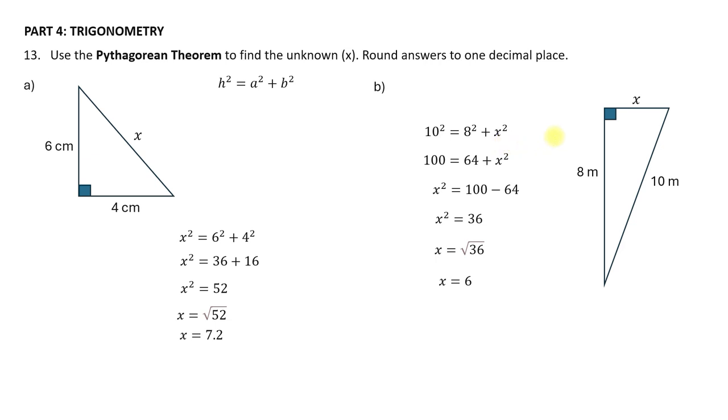We can flip that around and say x squared equals 100 minus 64. X squared equals 36. Therefore, x equals the square root of 36, which gives us a value of 6 for x. So this length right here is 6 meters.